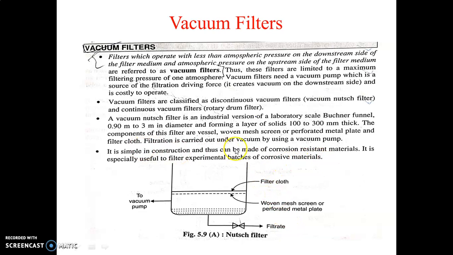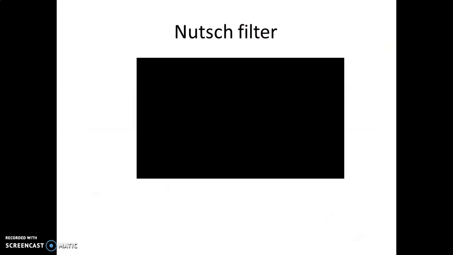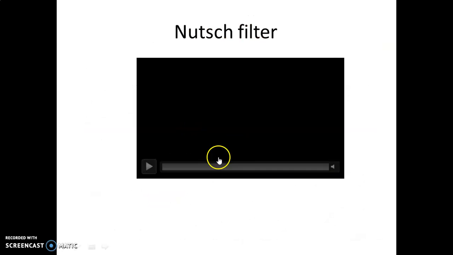This is simple in construction, and it is made from corrosion resistant material. That means it may be constructed from stainless steel. I will now show a figure of the working of the nutsche filter which is used in the chemical industry.